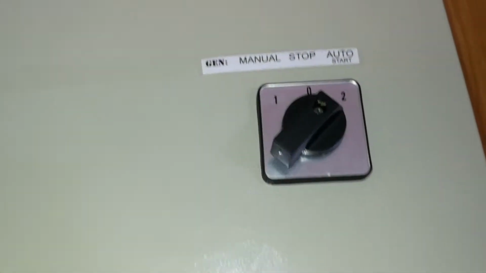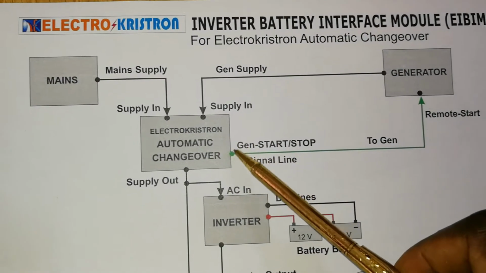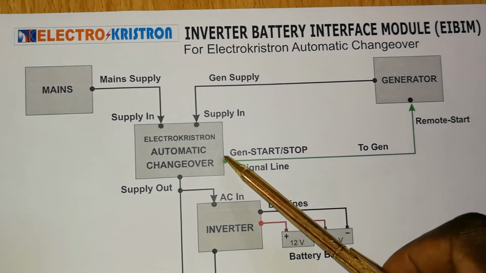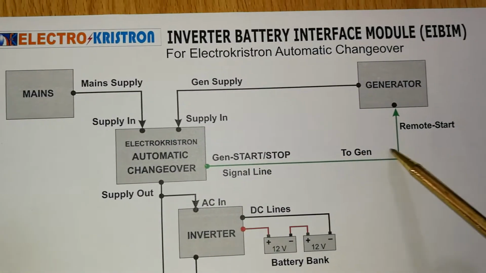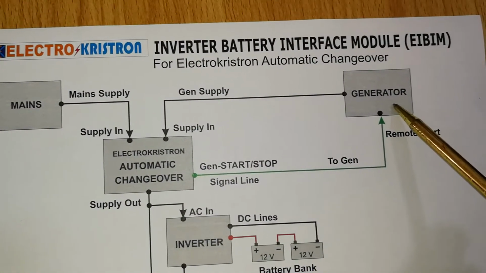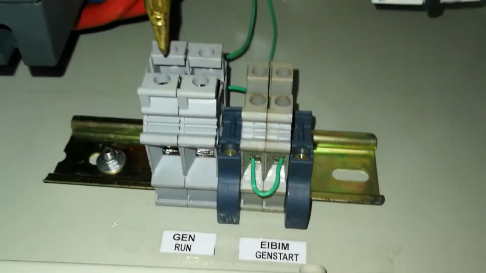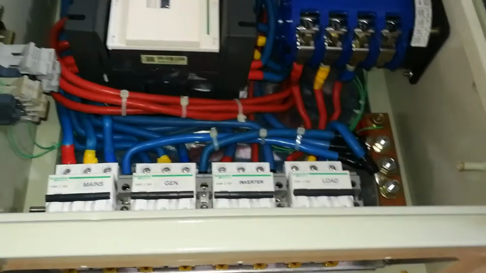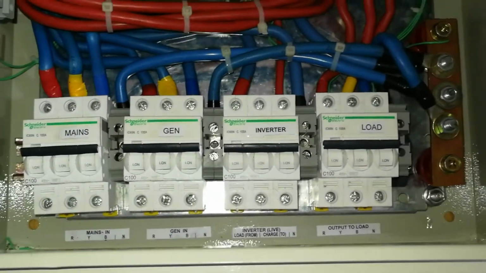It is able to start or stop your generator. So with the aid of the terminals I just showed you, the automatic changeover is able to send a start signal to your generator anytime power fails. The signal for starting or stopping the gen comes from the internal circuitry of the automatic transfer switch or automatic changeover.